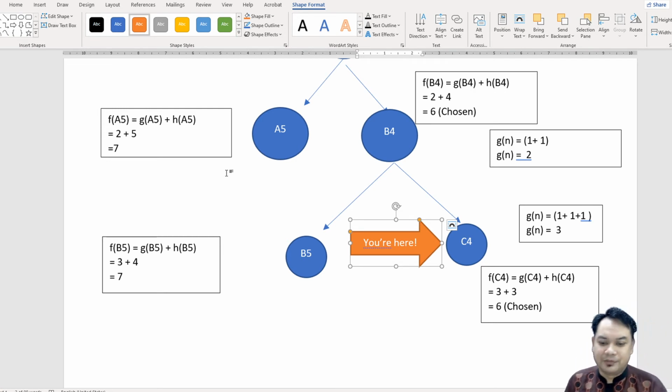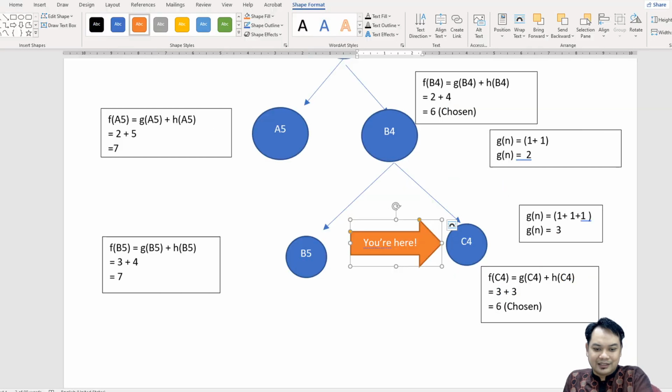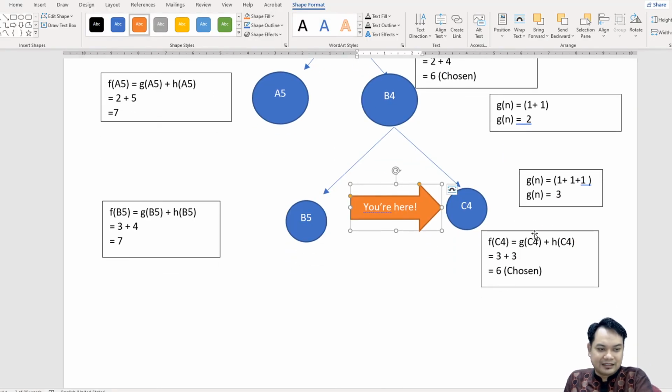Okay, next, from C4, how many choices that the end has? So, untuk C4 sama juga. Dia ada 2 choice. Either go to D4 or C5. Alright.